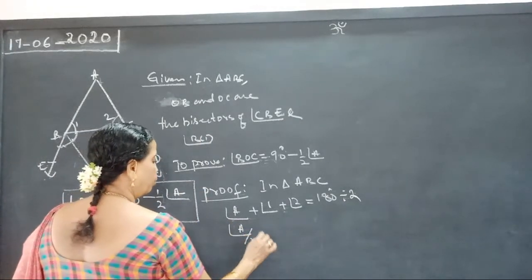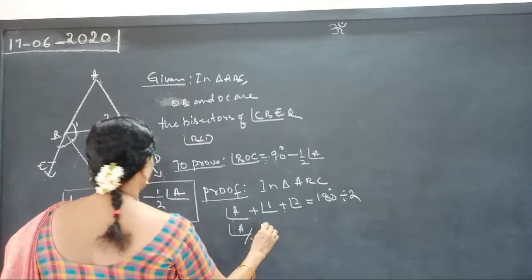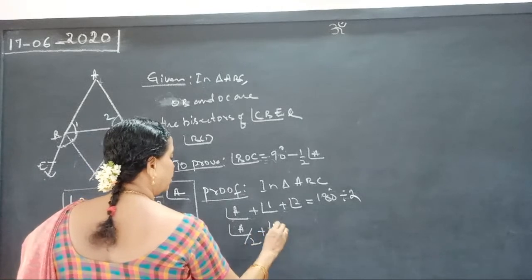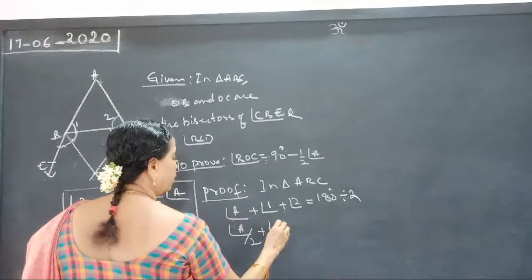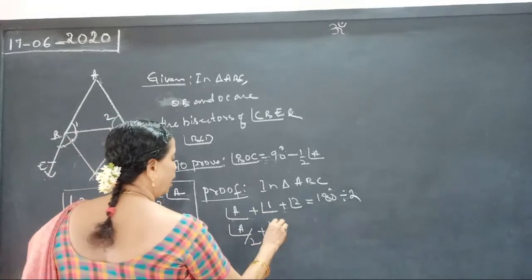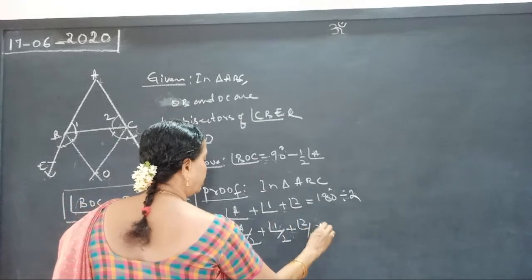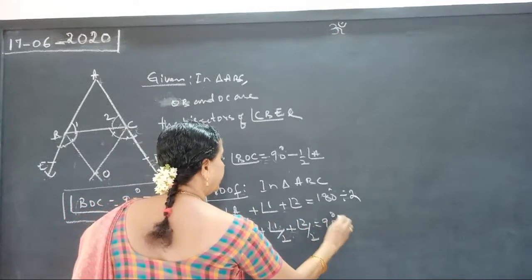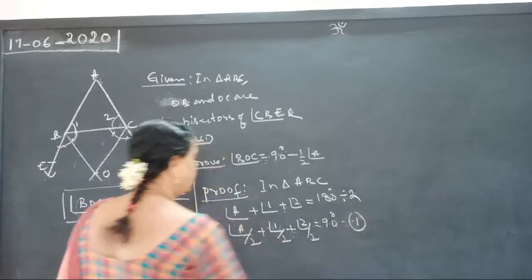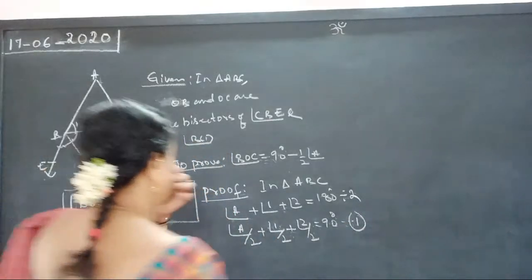Angle A by 2 plus angle 1 by 2 plus angle 2 by 2 equals 90 degree. Take it as result 1.